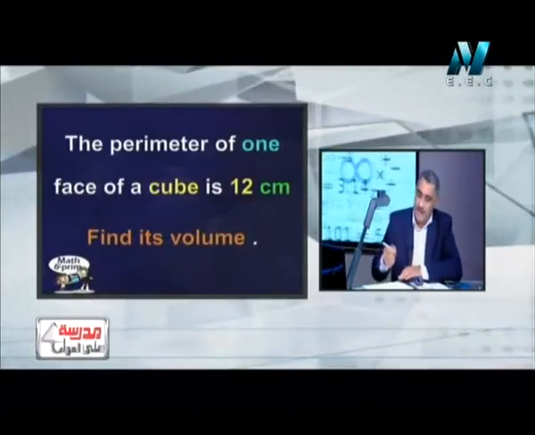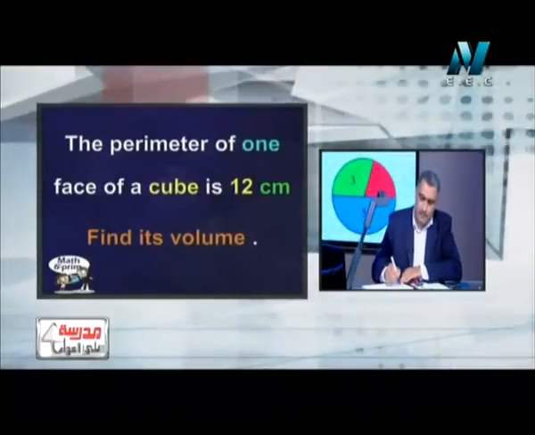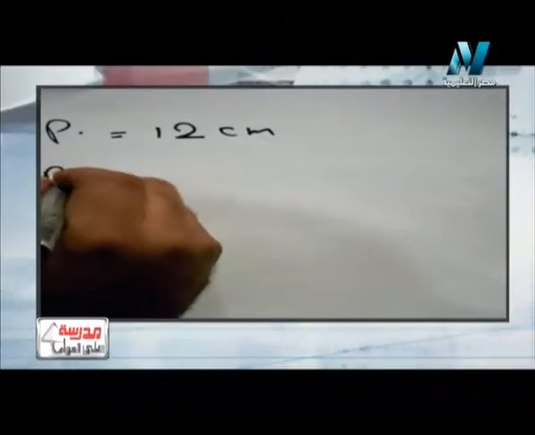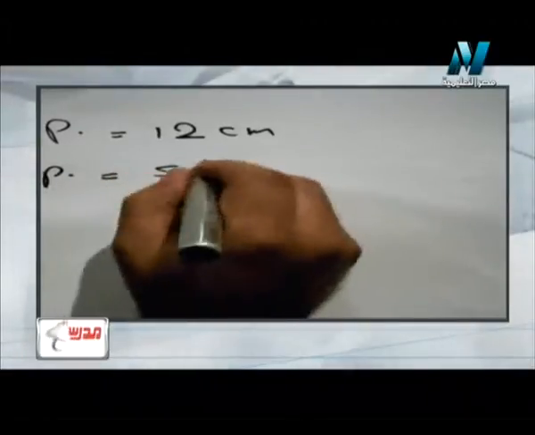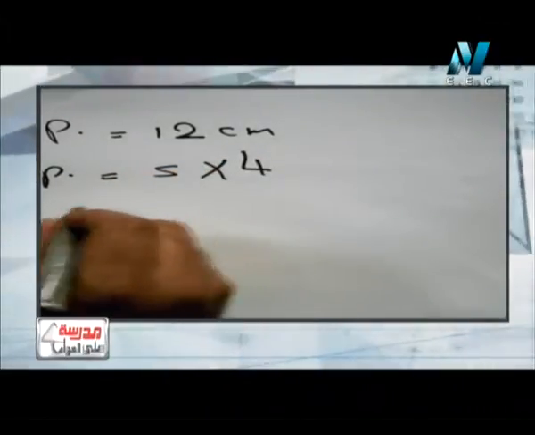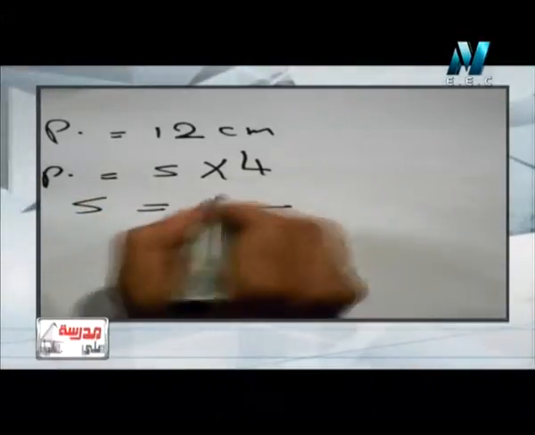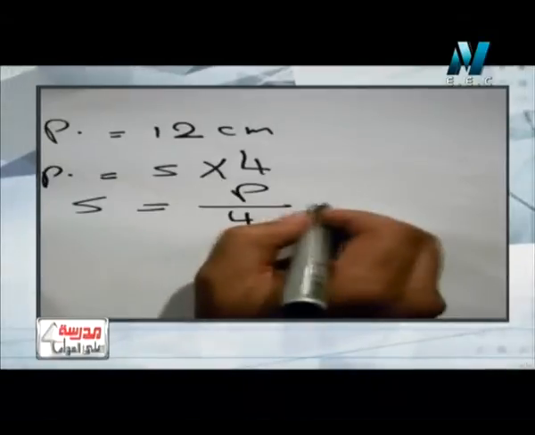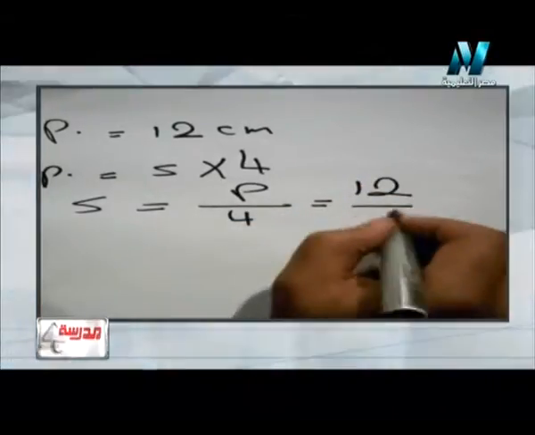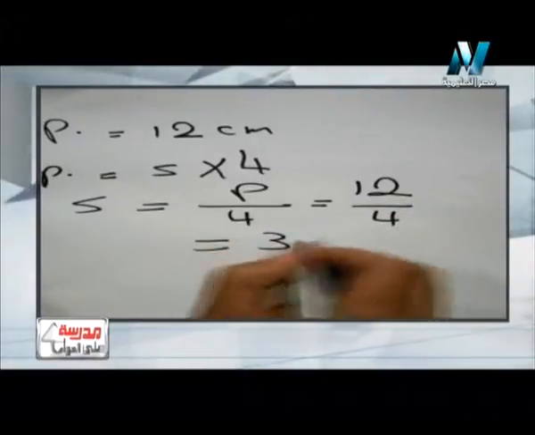The perimeter of one face equals 12 centimeters, and the perimeter of a square equals side times 4. So the side or the edge equals perimeter divided by 4. The perimeter equals 12, 12 divided by 4, so the edge length will be 3 centimeters.